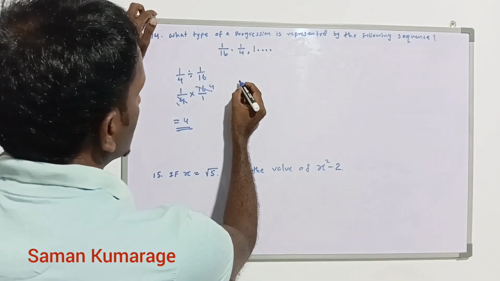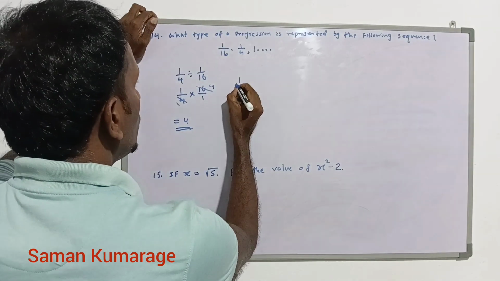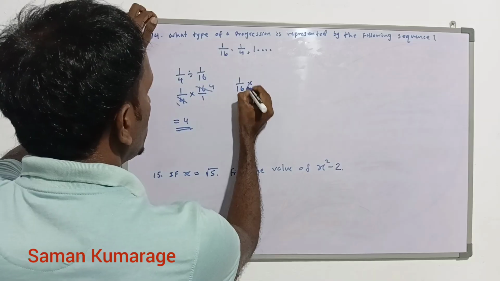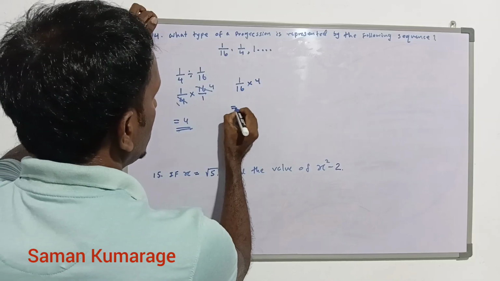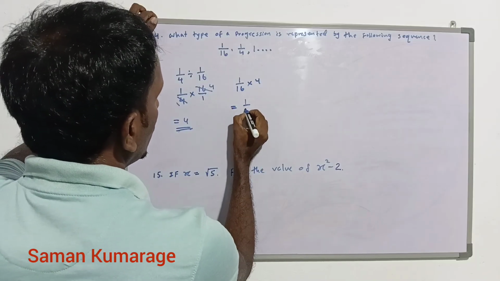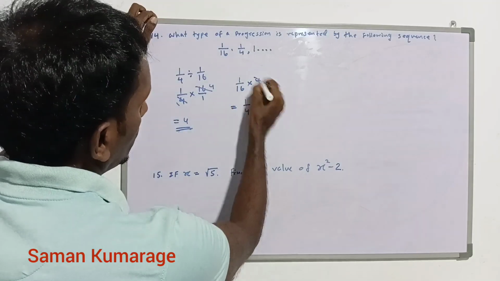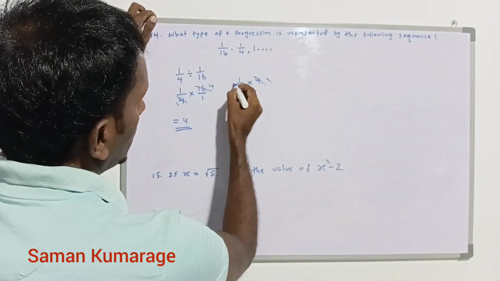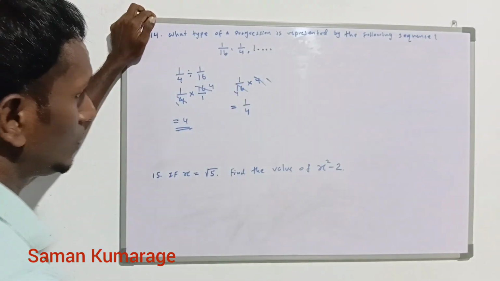Let's see. So 1 over 16 multiplied by 4, it will be 1 over 4. We can divide this by 4. It is 1 over 4.